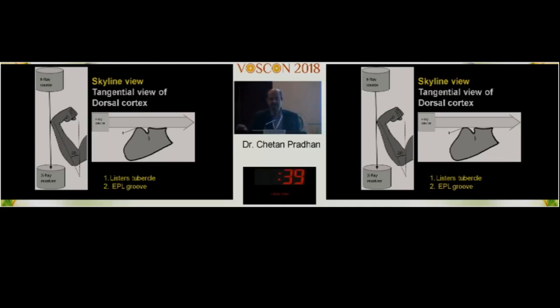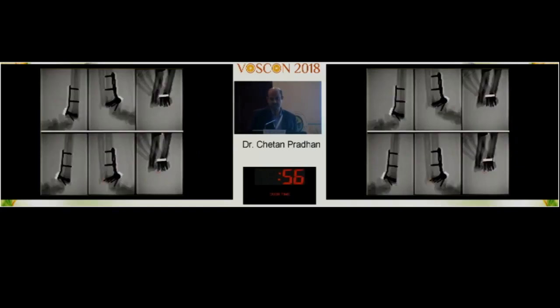Your standard beams, if you see on the right side, go tangential to Lister's tubercle, and therefore you cannot see the EPL groove very well. If your screw is projecting out in the EPL groove, then you are likely to have an attritional rupture of the extensor pollicis longus, and therefore this view helps you.